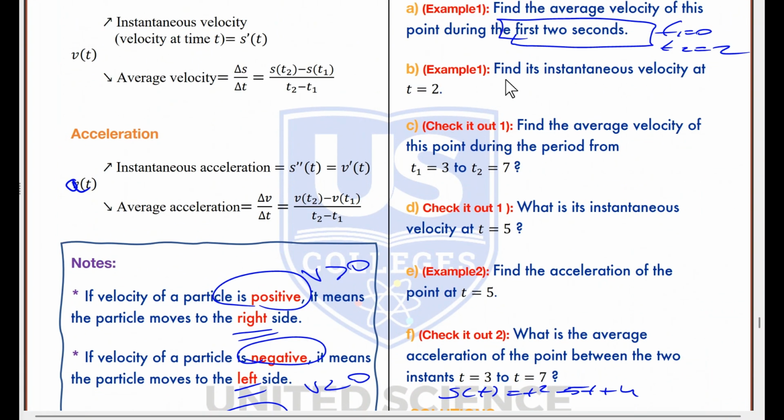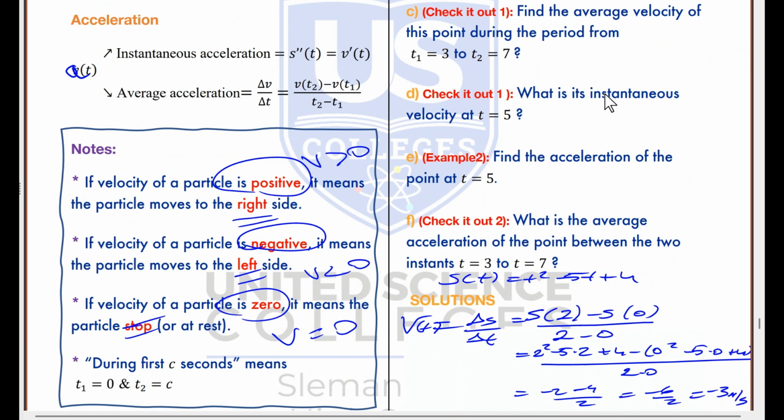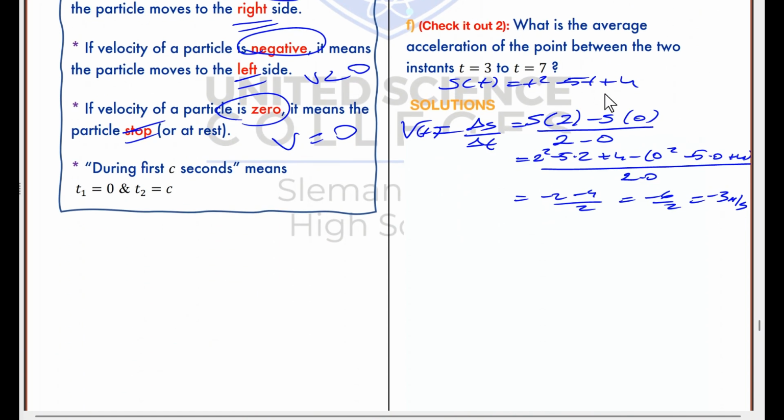Part B. It's asking about its instantaneous velocity. When it is instantaneous velocity, we just take the derivative. Instantaneous velocity means rate of change of the position function. So we just take the first derivative of the position function to find the velocity at the given point.